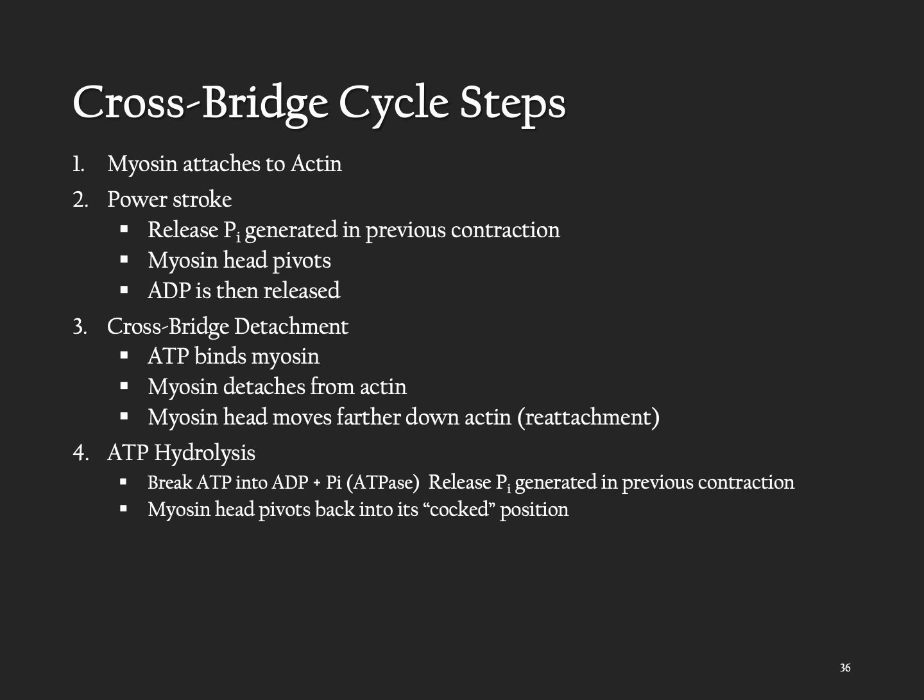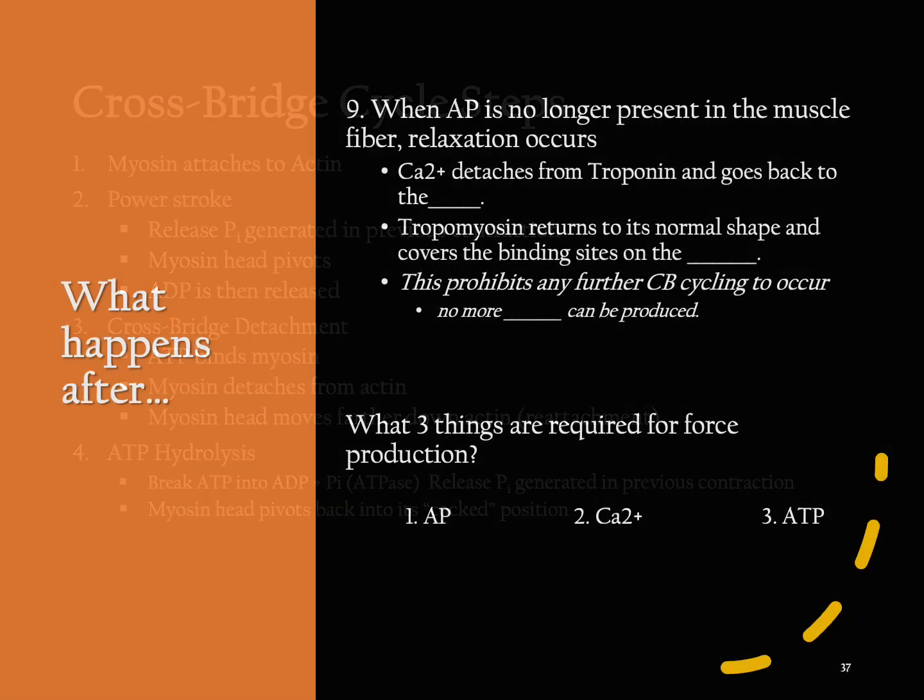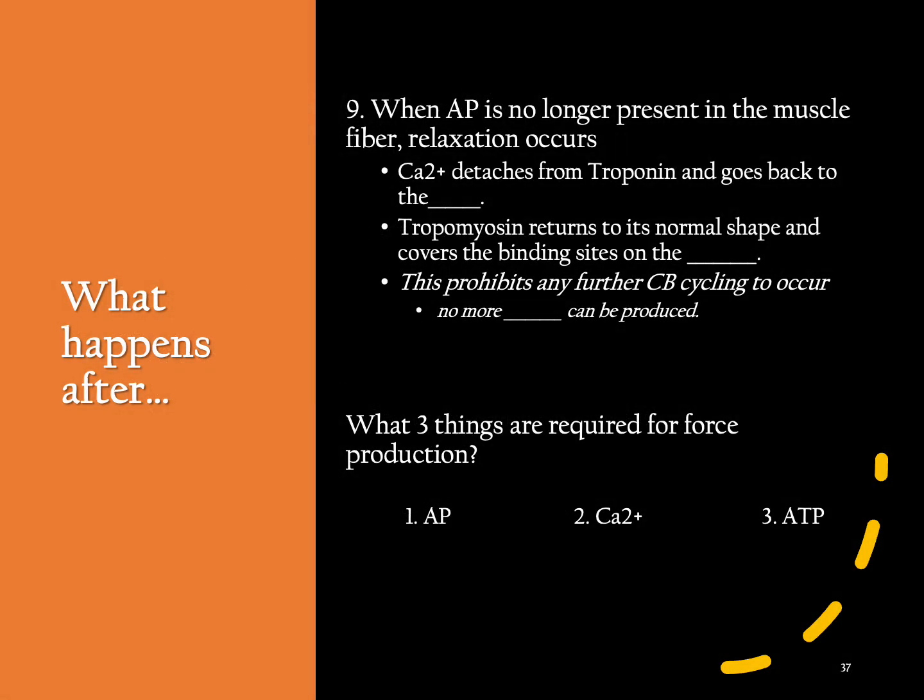Therefore, the myosin head pivots back into its original cocked position, allowing for additional cross-bridge and power strokes to take place.